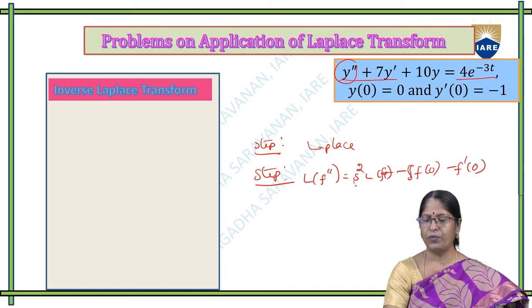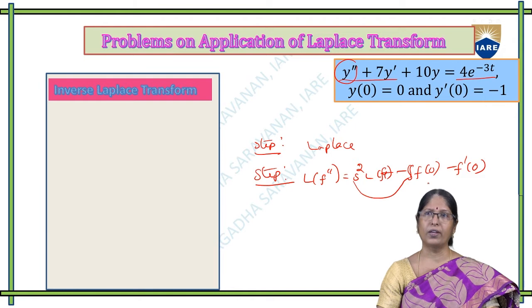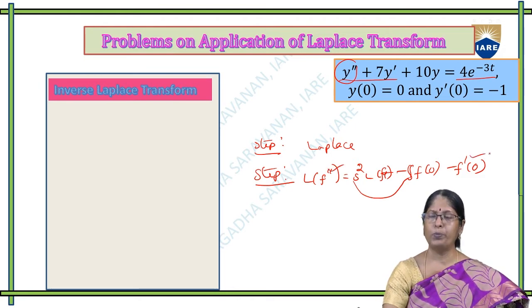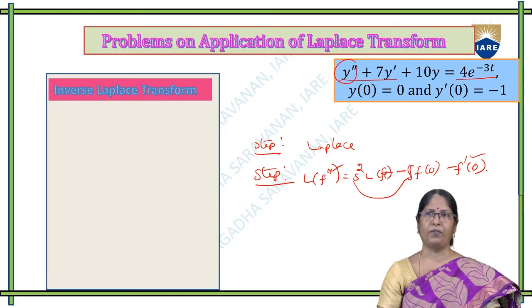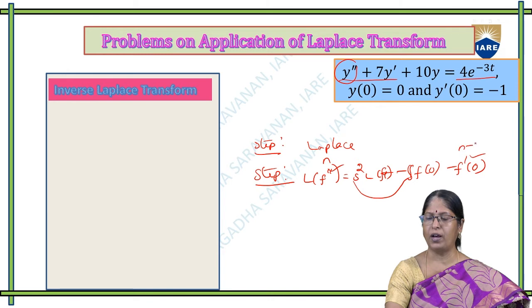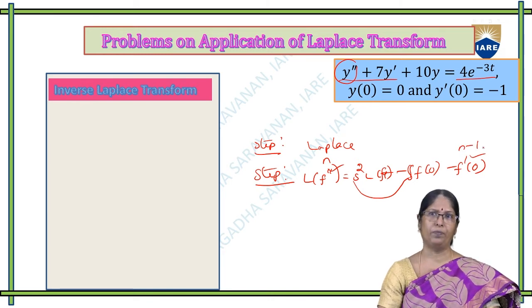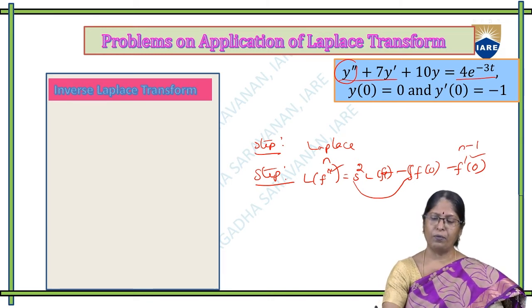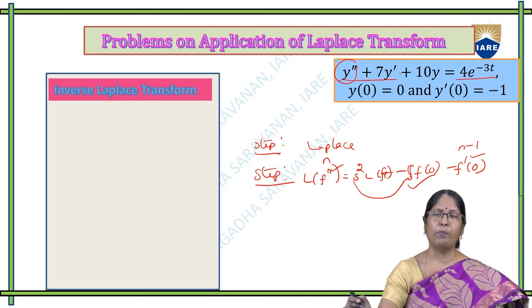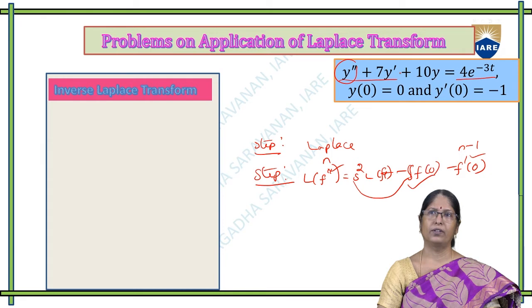The power of s goes on decreasing. For two derivatives, we stop the formula up to the first derivative. That is, for n we stop the formula up to n minus 1. With the help of this formula, we will substitute in the particular places.